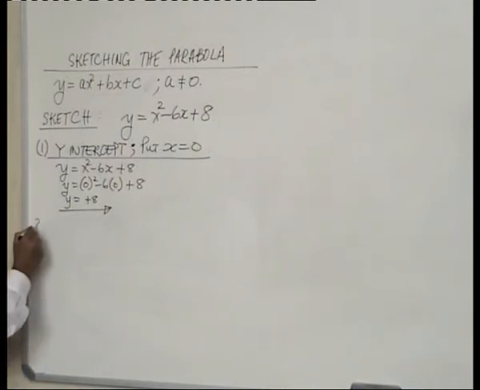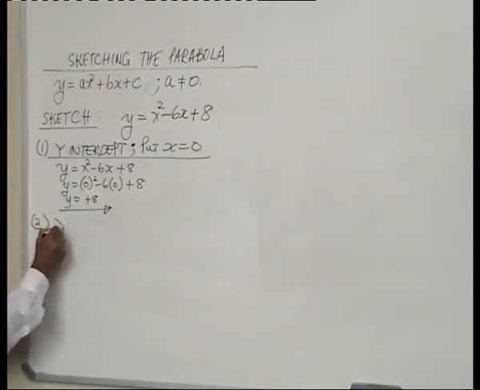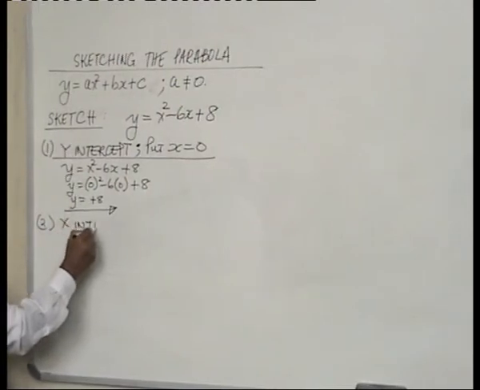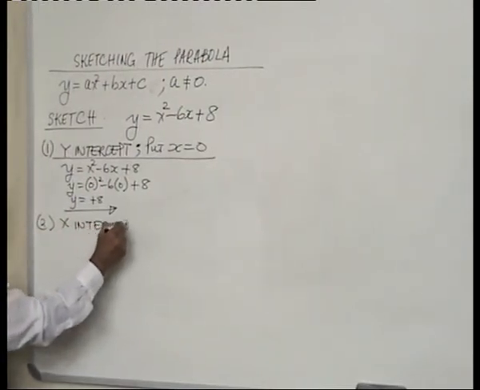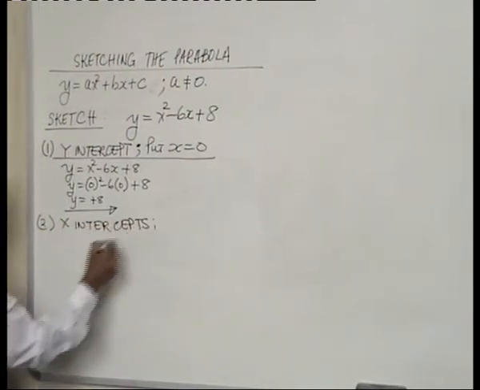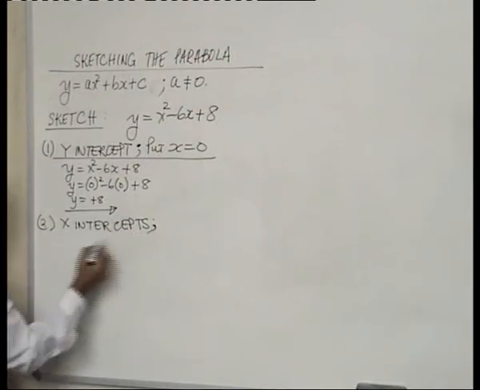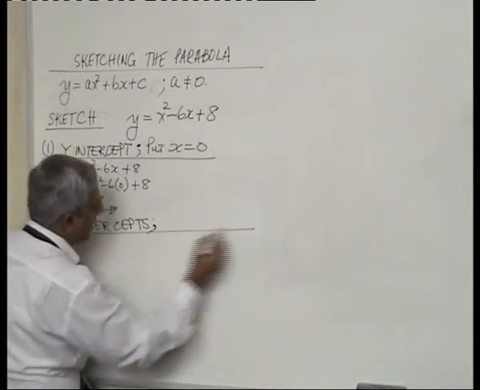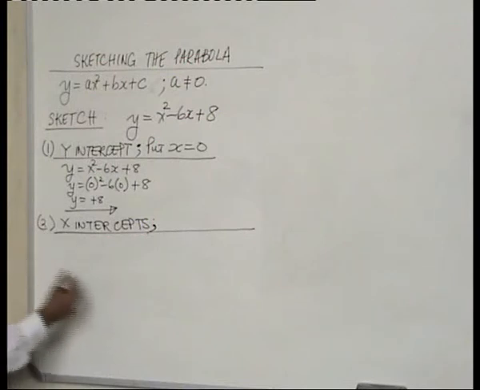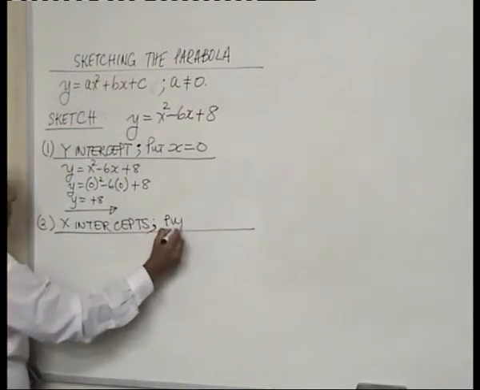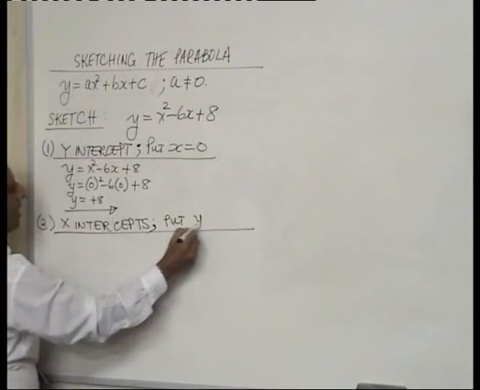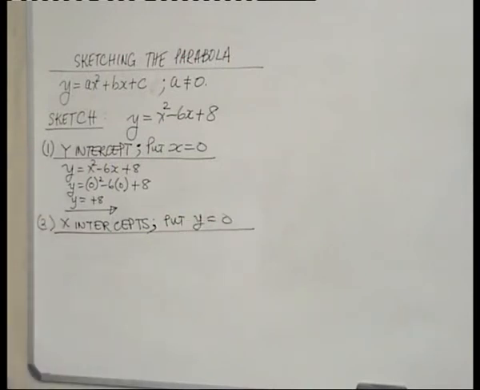Step 2, find the x-intercepts. The correct answer is that to find the x-intercepts, you put y equal to 0.